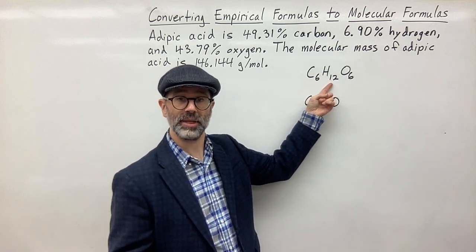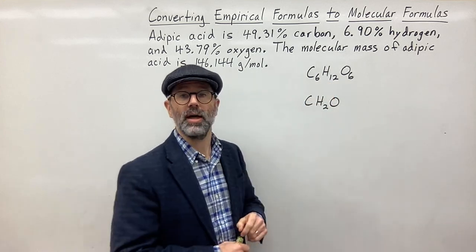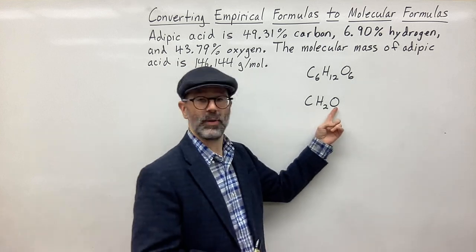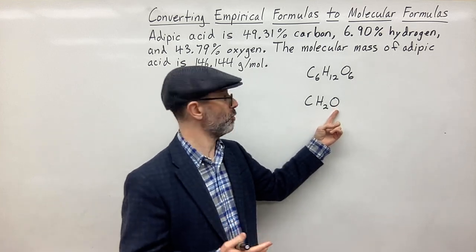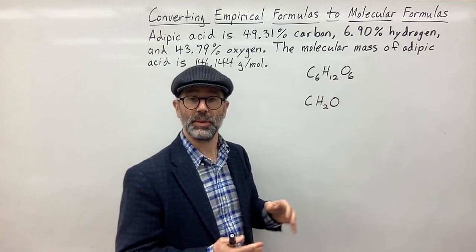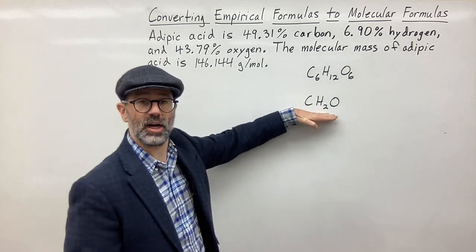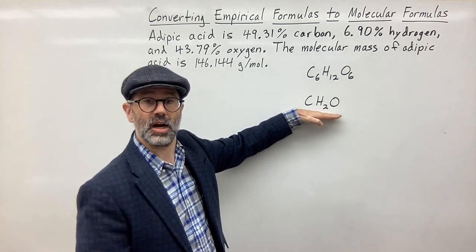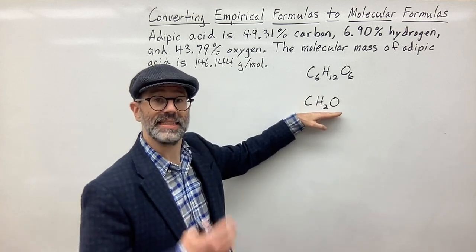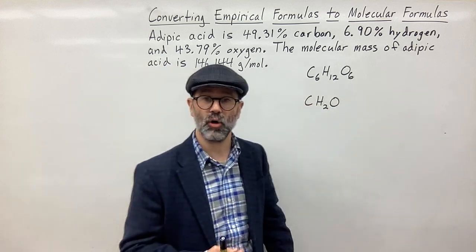The molecular formula has 12. That's six times more compared to the empirical formula. And again, here we have 1 oxygen in the empirical formula and 6 oxygens in the molecular formula. Again, 6 times greater. So the number of atoms of each element that we have in the empirical formula is 6 times less than that in the molecular formula.